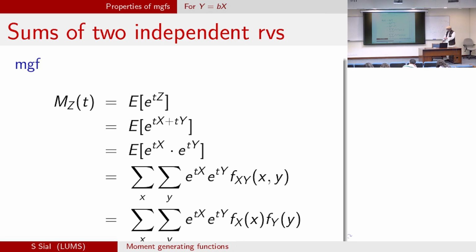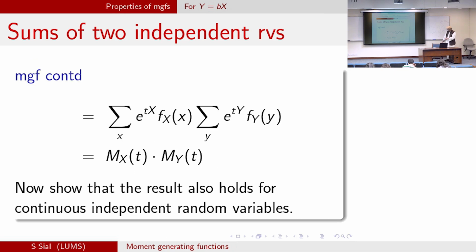And your joint PMF for x and y can be replaced by the product of the individual marginal PMFs. So now you're doing a double sum over x and y. Just do the sum over y first, and the sum over x, and what you're left with is the product of the two.